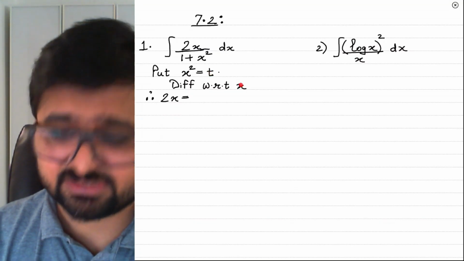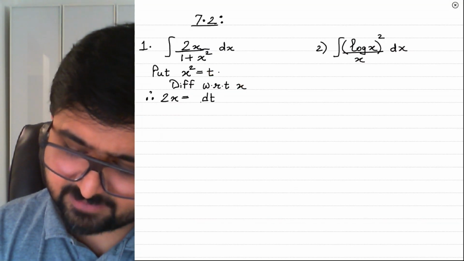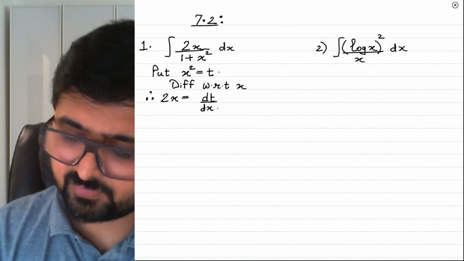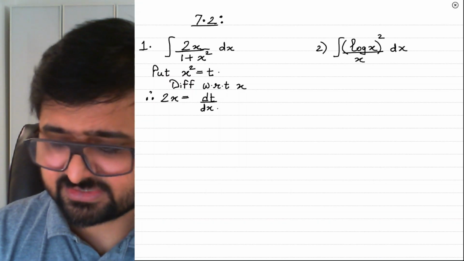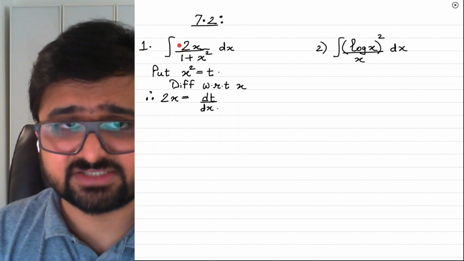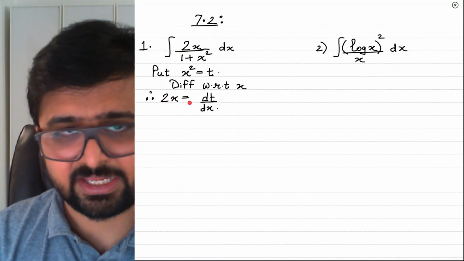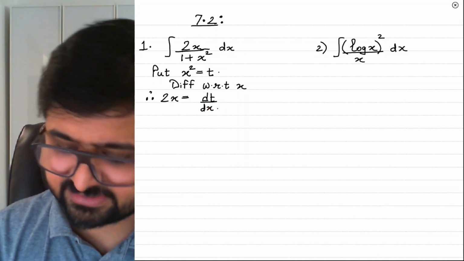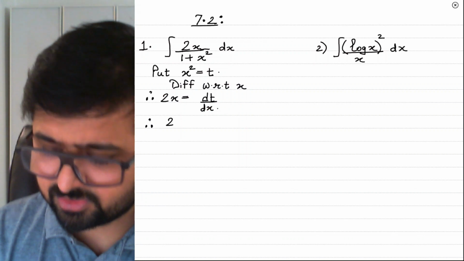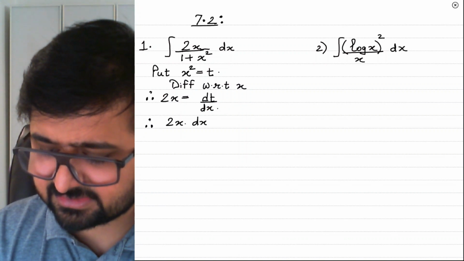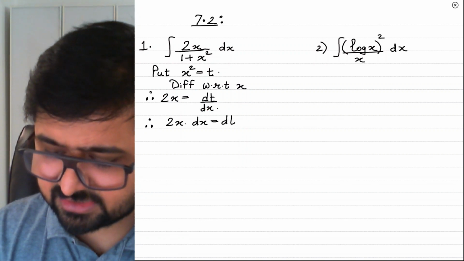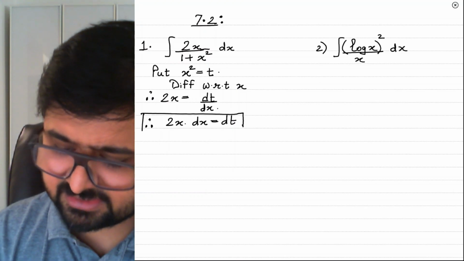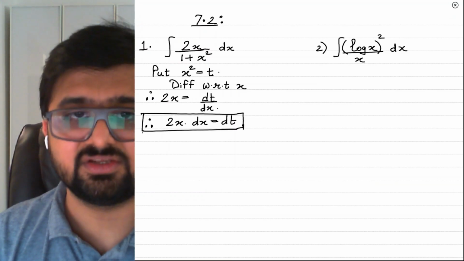The derivative of t with respect to x is dt by dx. Now, if you see the numerator, 2x dx, we can multiply the dx here. So we get, therefore, 2x dx is equal to dt. So 2x dx is equal to dt.